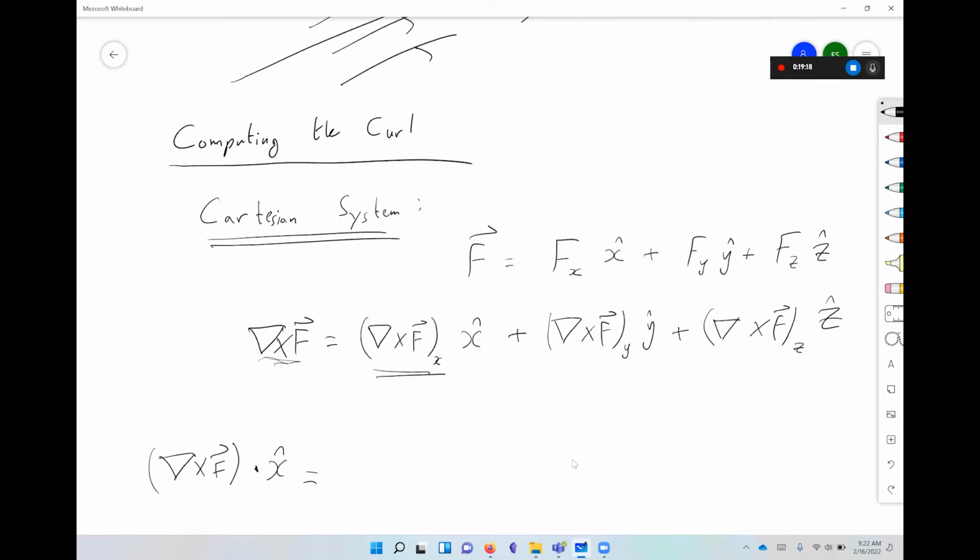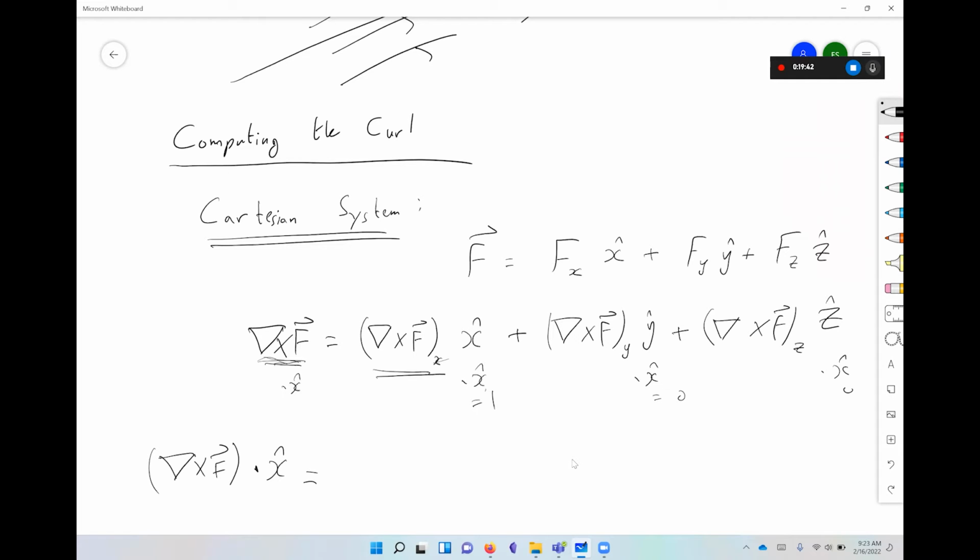So this is the way you get the x component of the curl. You just dot it with x hat. That's equivalent to dotting all the terms with x hat: 1, 0, and 0, so 1 times the x component. This gives me the x component.